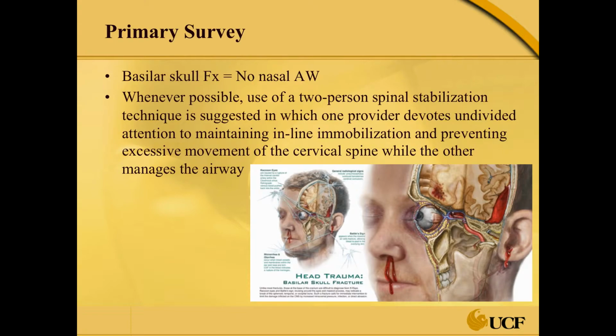Okay, whenever possible, use of a two-person spinal stabilization technique is suggested, so one provider will devote undivided attention to the C-spine. They're going to maintain that inline immobilization and prevent excessive movement of the C-spine while the other manages the airway.